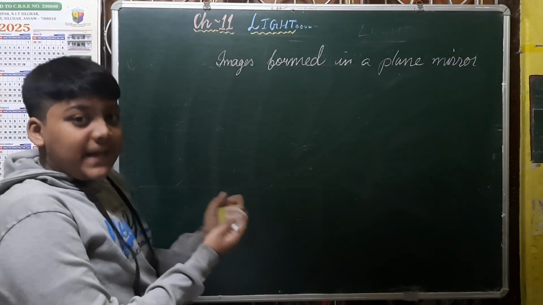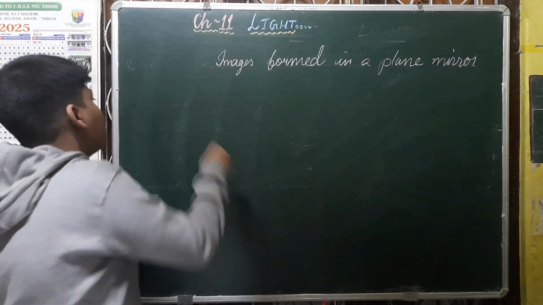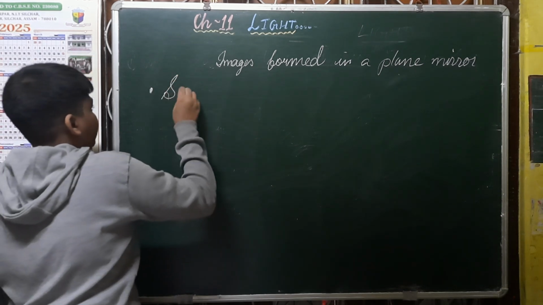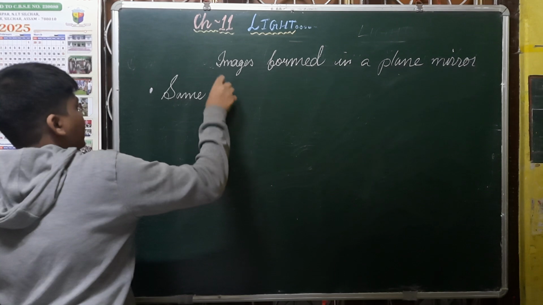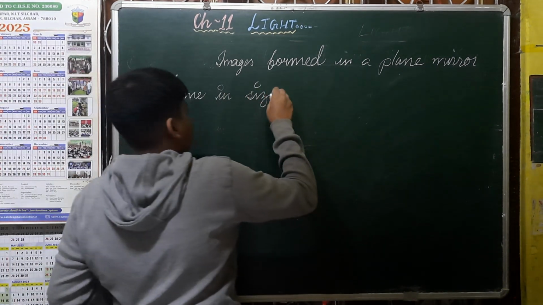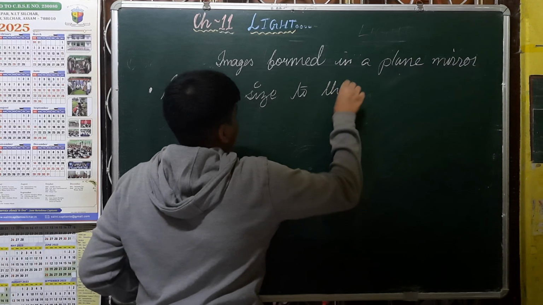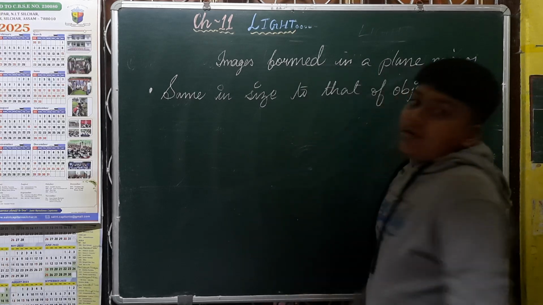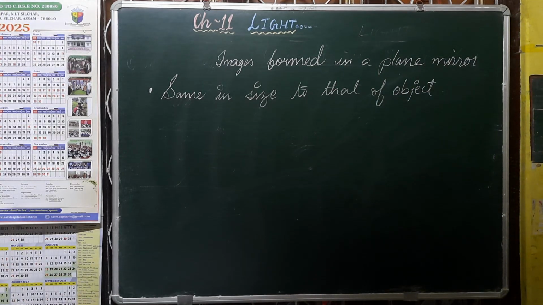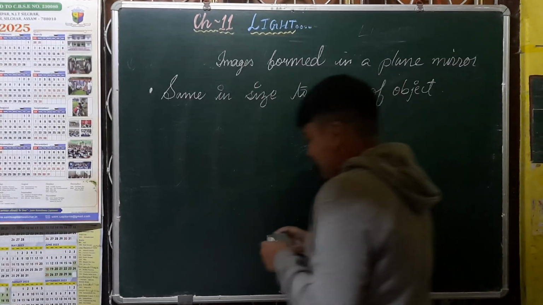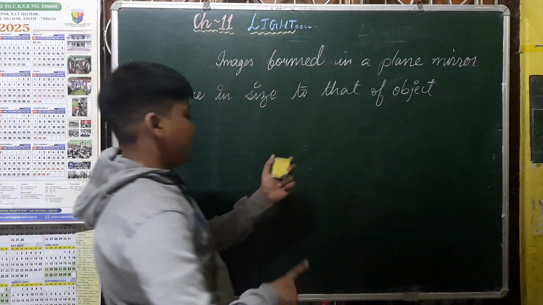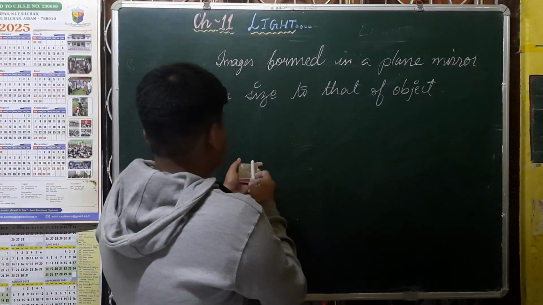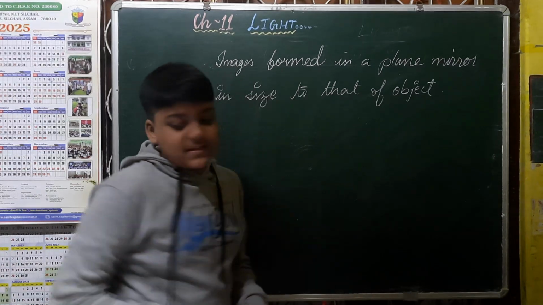This is the plane mirror, and it forms very different kinds of images. The first property of the image is that it is the same size as the object. So this is the mirror, this is the object. The object will always have the same size in the mirror as it has in reality.